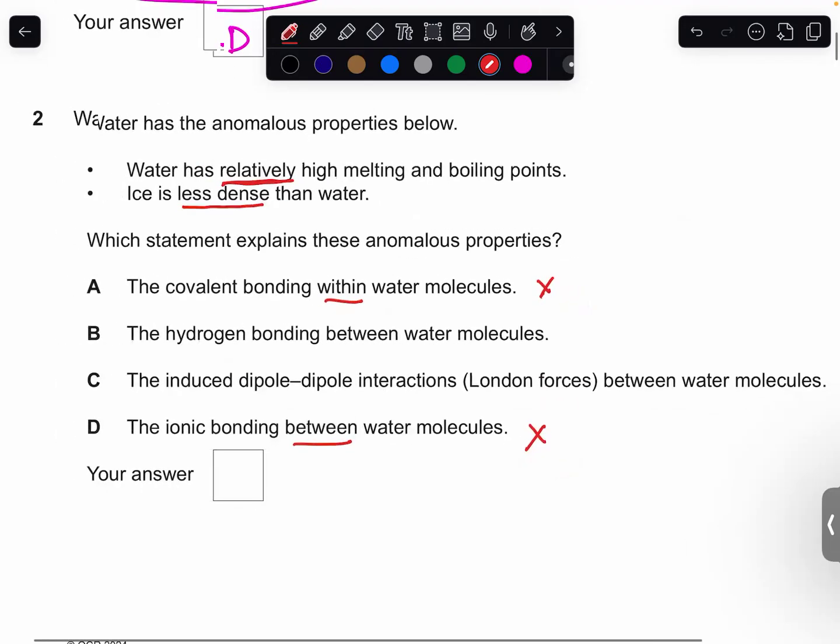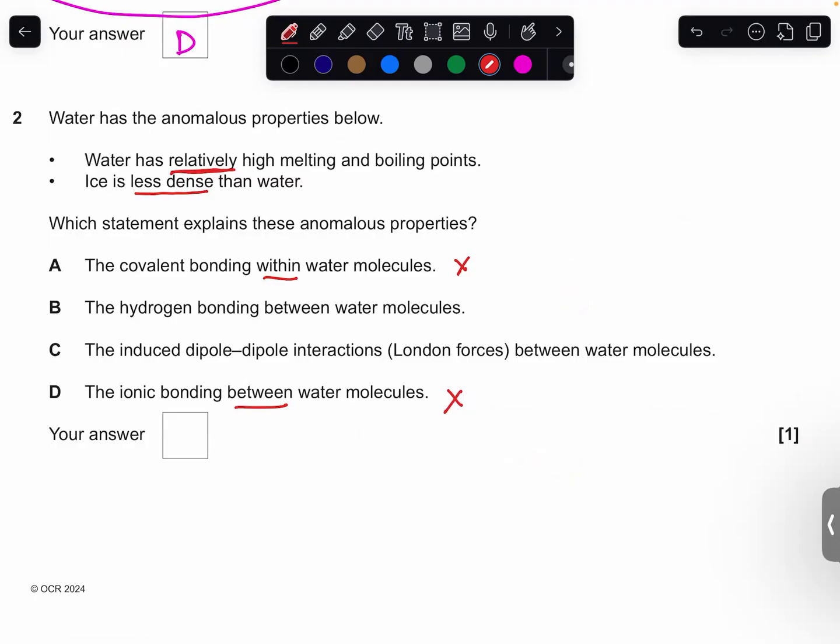Even though you've got London forces between the water molecules, it's not because of these, because all molecules will have London forces, but these are not what cause the anomalous properties. You're left with hydrogen bonding between water molecules. The answer is going to be B.